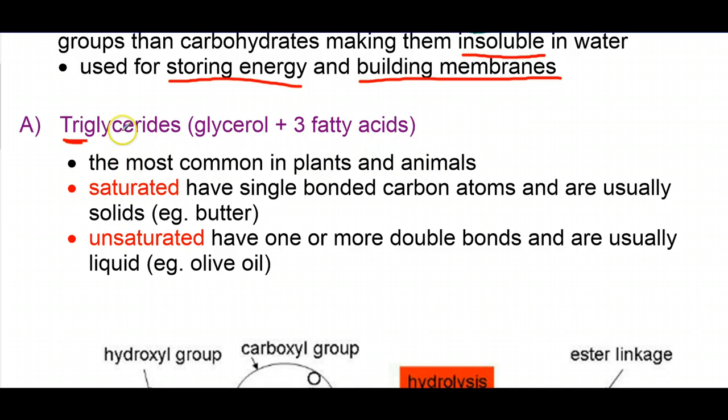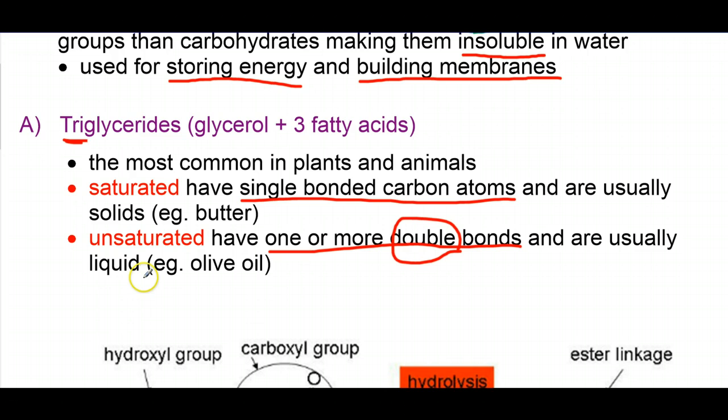We can have 2 forms of these glycerides. One can be what we call saturated, meaning that there are only single bonded carbon atoms, and these tend to be solids, and you're going to see why once we have a look at a couple of them. Now, unsaturated fatty acids have 1 or more double bonds in them, so the key to this is the double bonds.